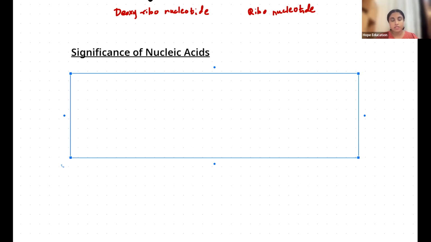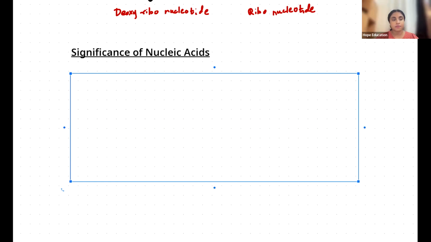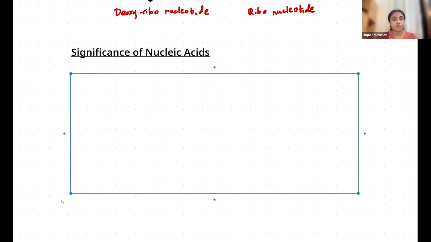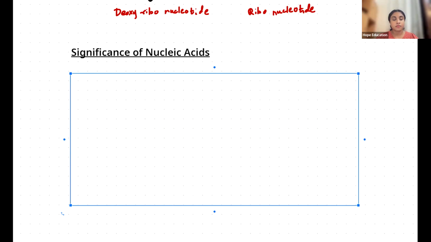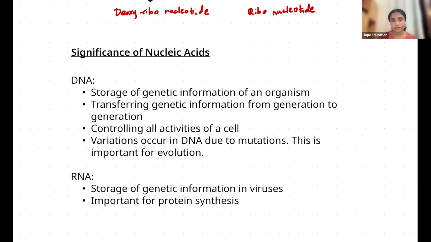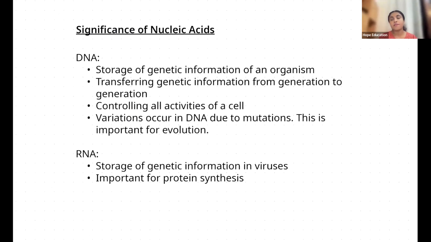This last point I will explain a bit now. Keep writing this. Quickly write these points, kids. We'll try to finish the lesson within today. And then I will send you the worksheet for this lesson. Do it as homework and we can discuss it next week. Quickly write this.